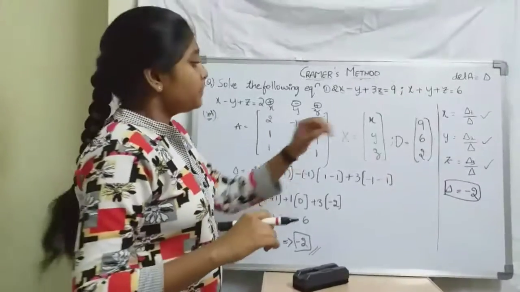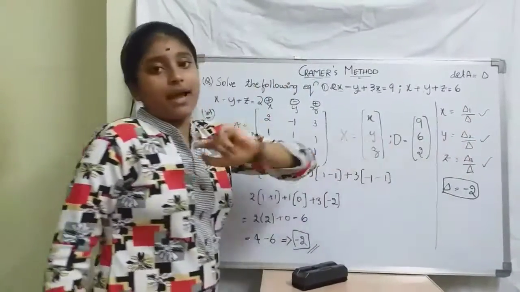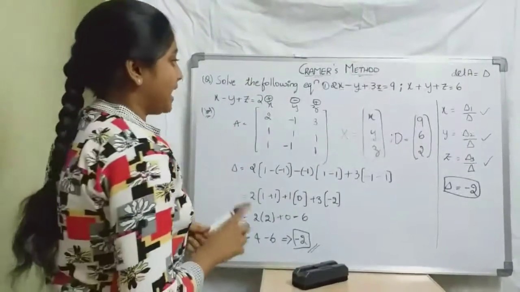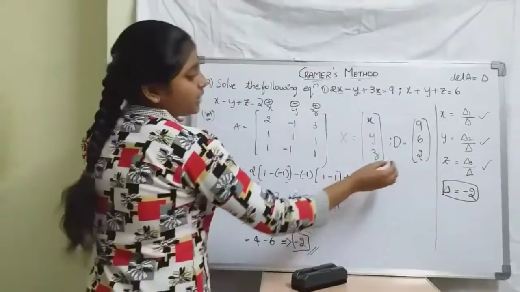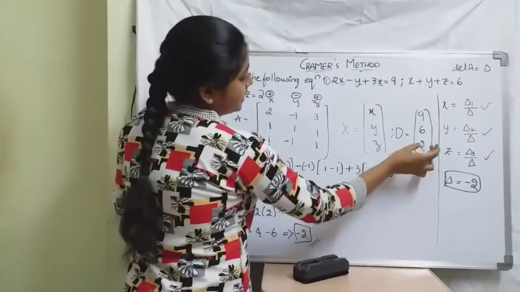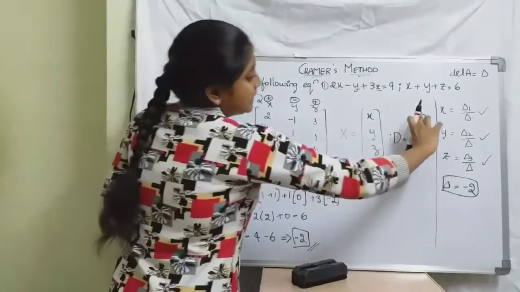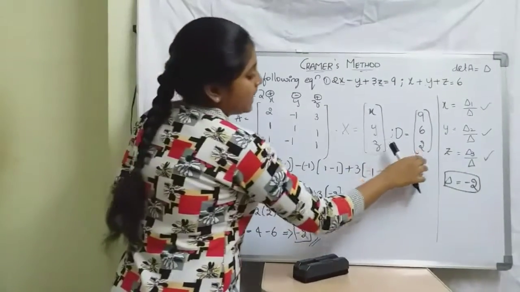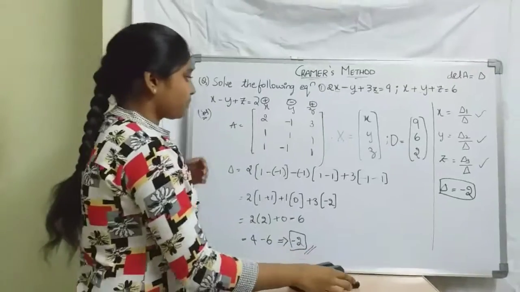Now we will find the delta 1, delta 2, delta 3 values. To find the delta 1 value, we have taken the constants of all equations. We named that matrix as D. Now we need to place the matrix D in the matrix A in the place of the first column. I am repeating again.